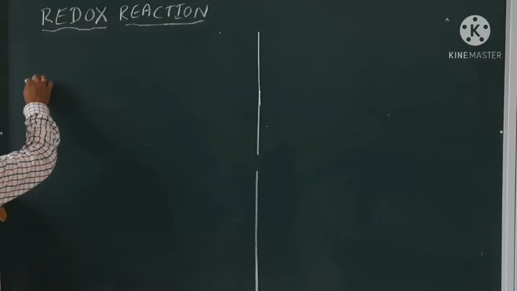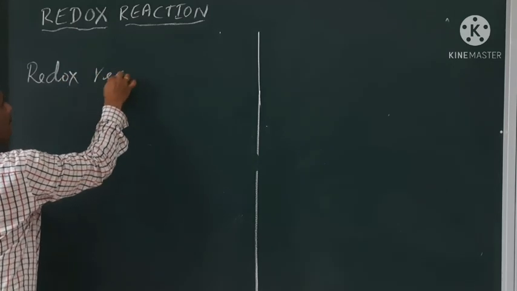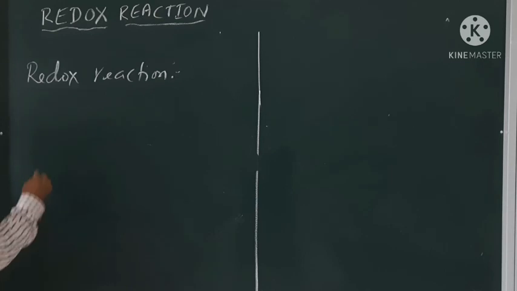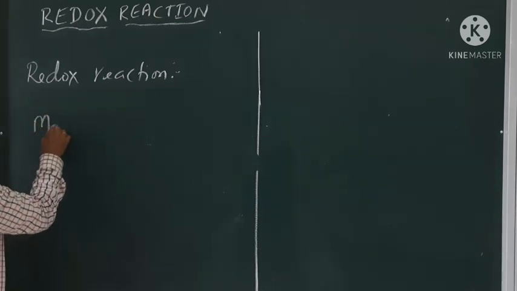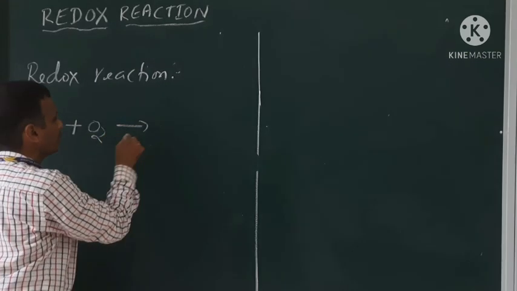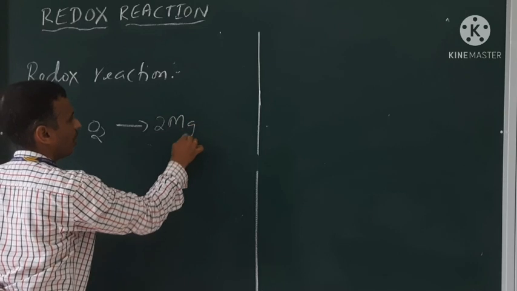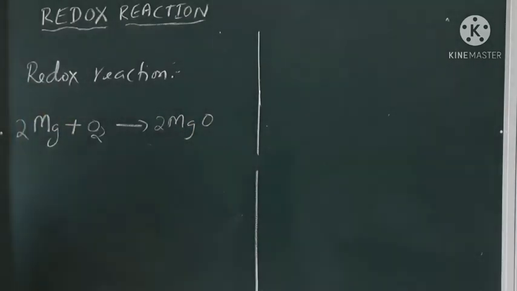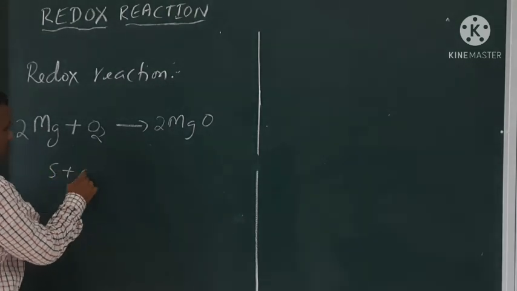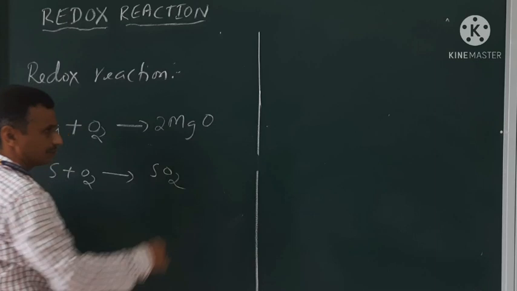Then the lesson now, redox reaction. See, magnesium is reacted with oxygen. What am I going to get? I am going to get magnesium oxide. Sulfur is bonded with oxygen, I get sulfur dioxide.